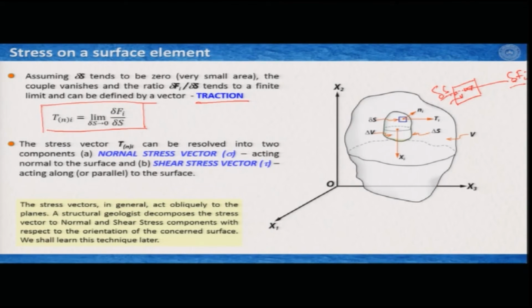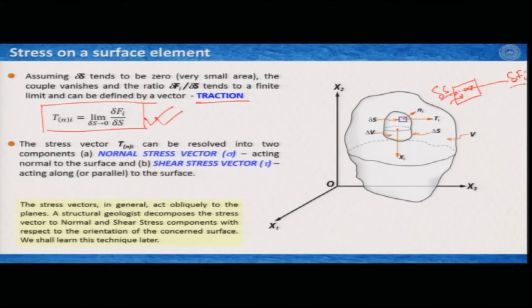Now, this is not really a very straightforward expression of force per unit area or reactive force per unit area. So, in considering stress, this is how we apply the definition of stress on a surface element.